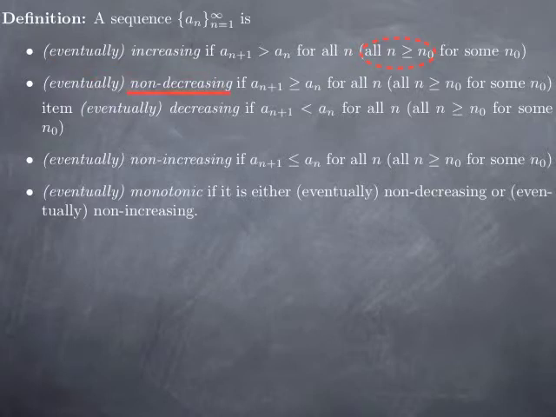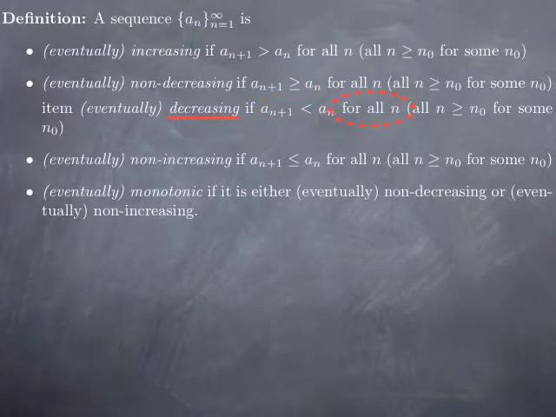A weaker property is to be non-decreasing, which is simply that we have the large inequality. In other words, a_{n+1} is not less than a_n for all n. And if we have it again only for all n large enough, we're going to call that eventually non-decreasing. We have the dual properties of being decreasing, which means that a_{n+1} is less than a_n for all n.